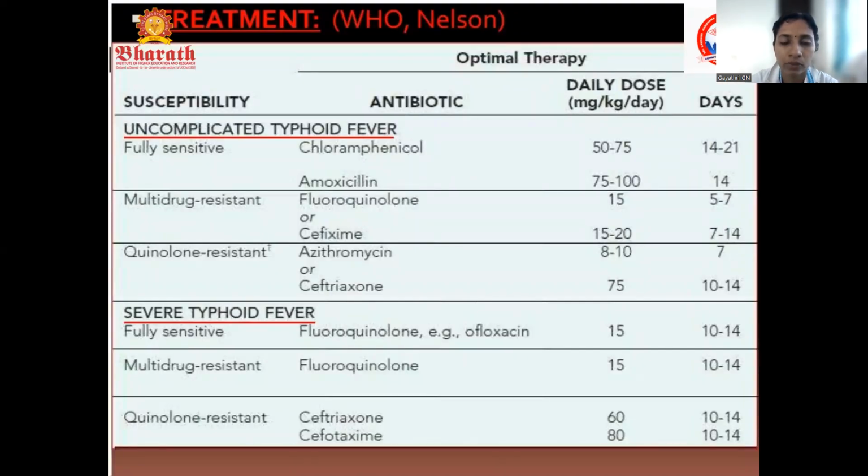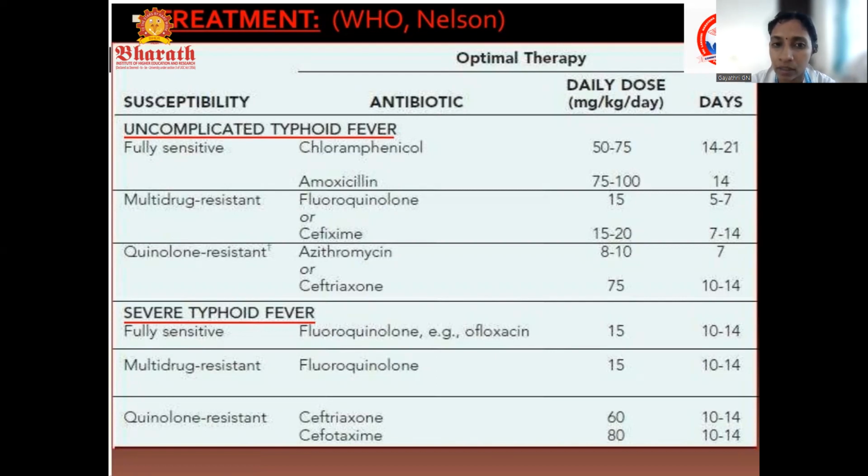So, as per WHO and Nelson Textbook of Pediatrics, this is the treatment schedule for typhoid fever. The antibiotic of choice in an uncomplicated typhoid fever, which may be the first episode, a young child and all, they are considered to be fully sensitive.